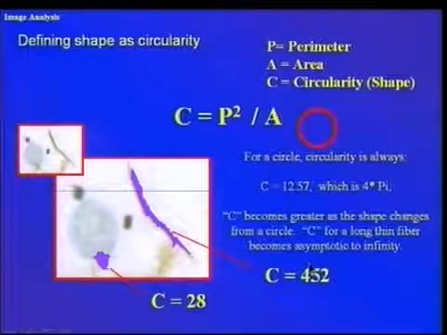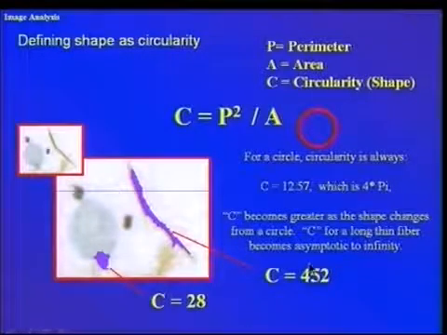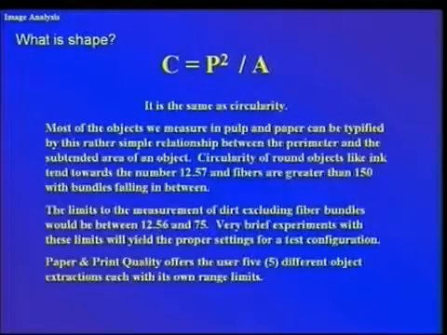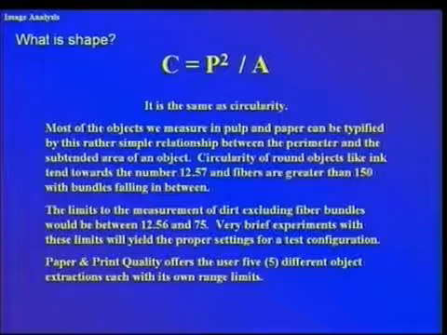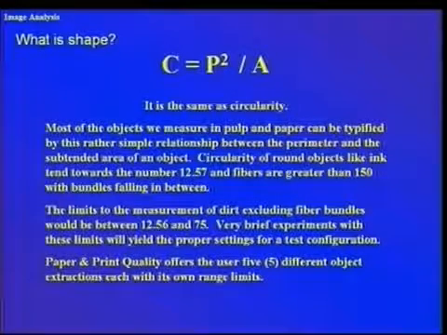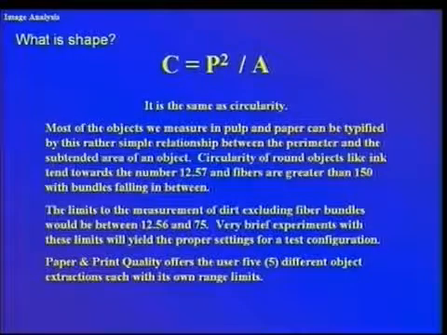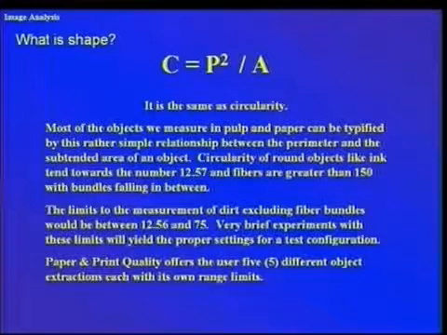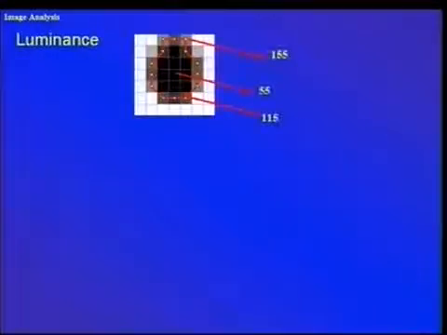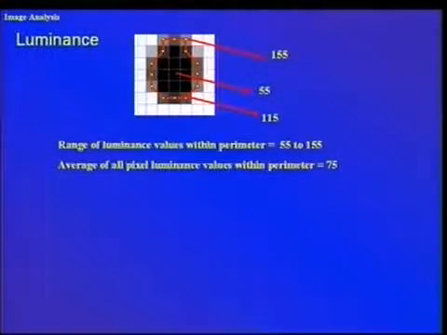It is asymptotic to infinity. Shape is the same as circularity, and as I mentioned, it has a minimum of 12.566, and on some of the image analysis systems, you can measure up to 5 different kinds of objects with varying shapes.